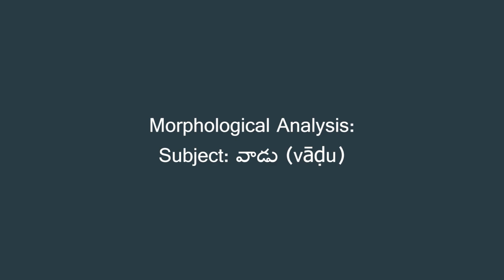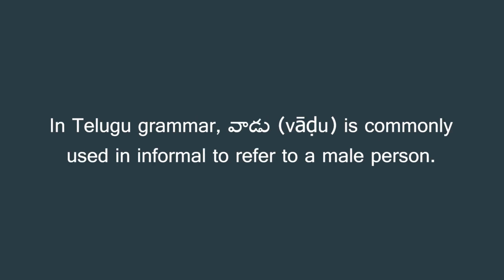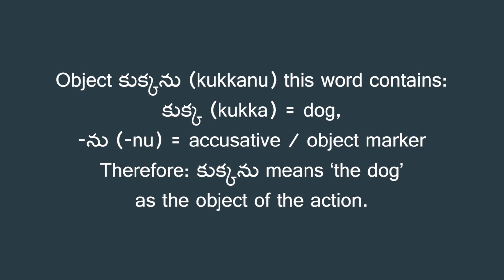Morphological analysis is, subject వాడు. It is a masculine third person singular non-honorific pronoun that means he. In Telugu grammar, vaadu is commonly used in informal speech to refer to a male person. Object kukkanu, this word contains kukka, a dog, and nu, accusative or object marker.